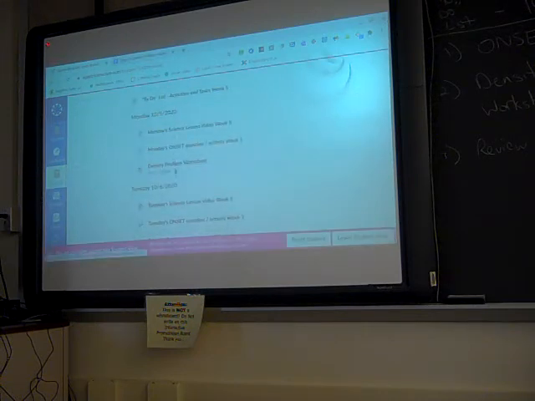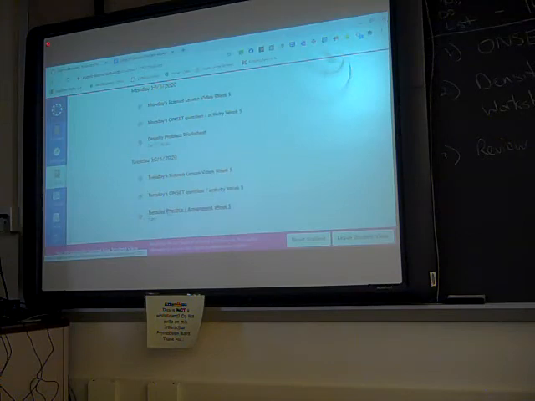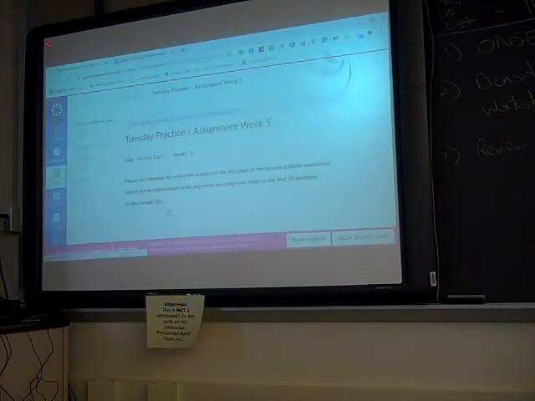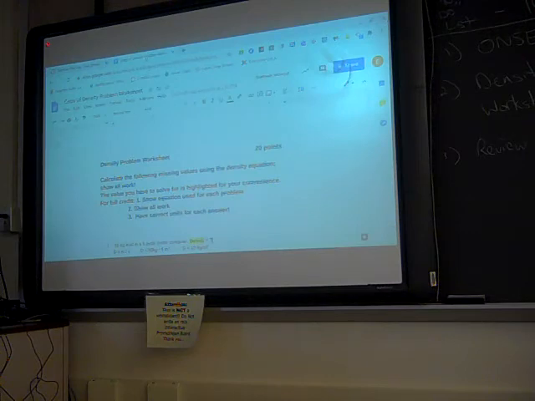I'm going to go down to Tuesday's practice. The Tuesday's practice says, please use this time to review the answers to the first page of the density problem worksheet. So, the density problem worksheet was what I gave you on Monday. It looked like this. Okay, it was under Monday's practice activity.